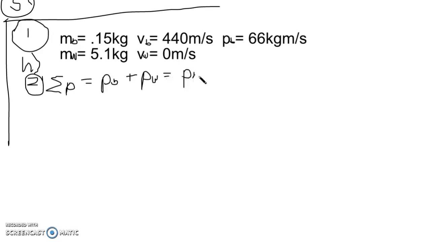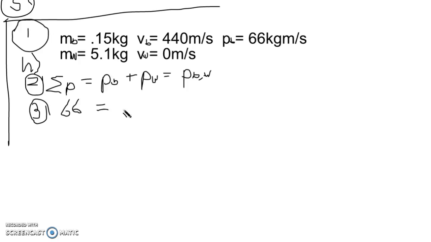And for after, let's just say P, B, comma, W. Since this is an inelastic collision, the two objects combine, which means they are one entity. So we know this is going to be 0 because the wood is not moving, so no velocity, no momentum. And we know this is 66 from that.